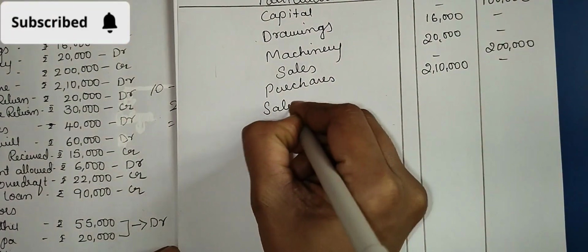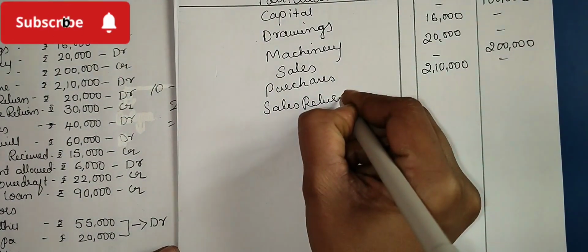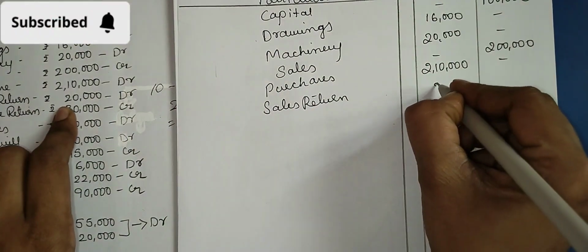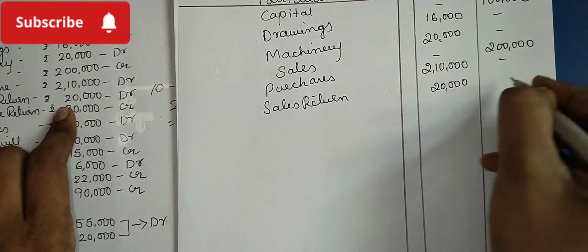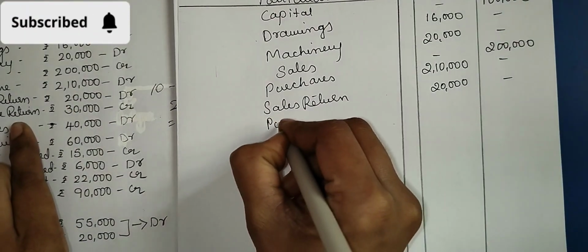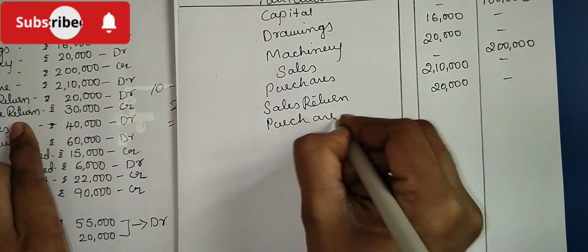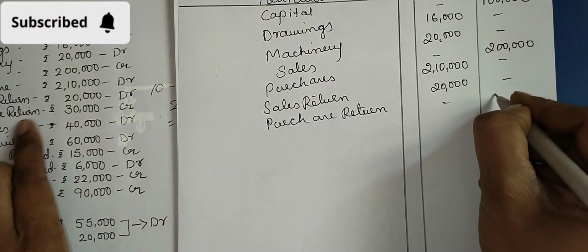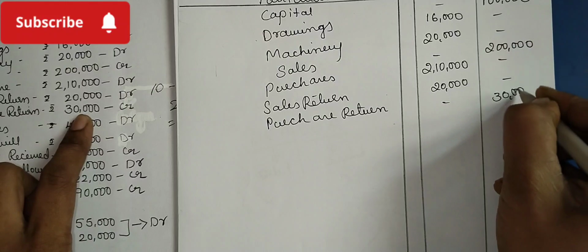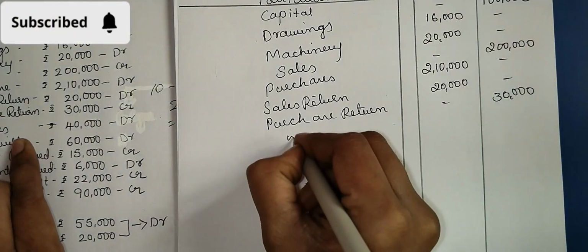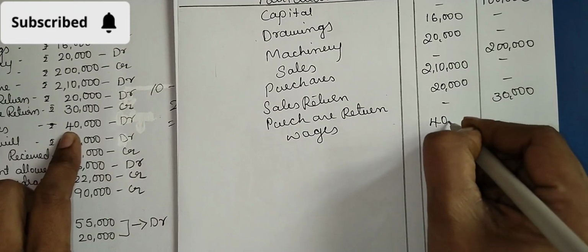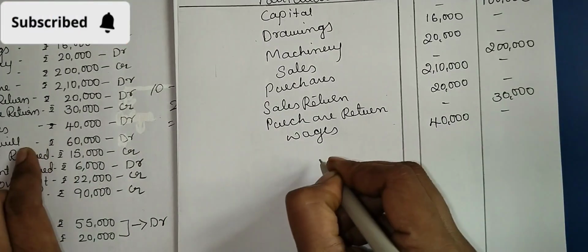Sales return. Sales return is 20,000. Debit side we are recording. Purchase return. Credit side we are recording. 30,000. Wages expense 40,000. Debit side we are recording.